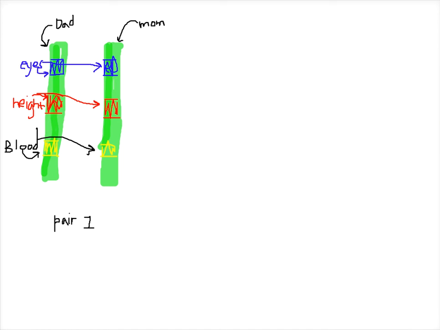Now, the thing is that even though the types of genes found on chromosome 1 that you got from Dad and chromosome 1 that you got from Mom are found in the same order, the actual base sequence inside the gene could be different. So, for example, Dad's eye color gene may have a sequence for blue eyes.